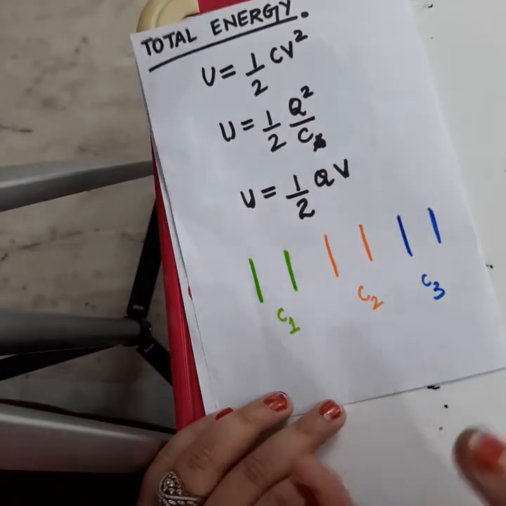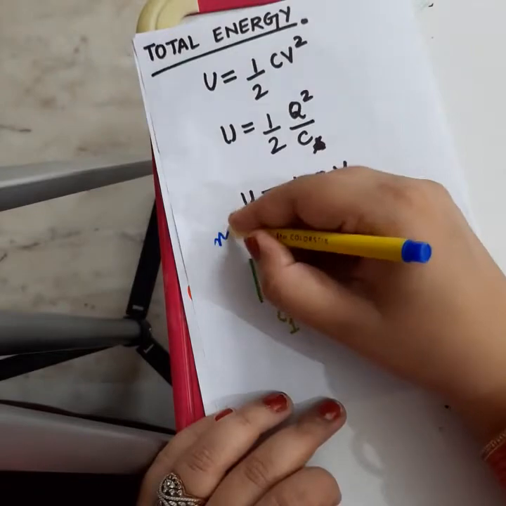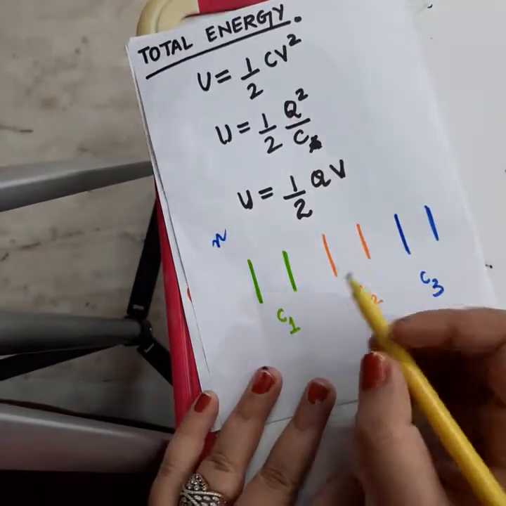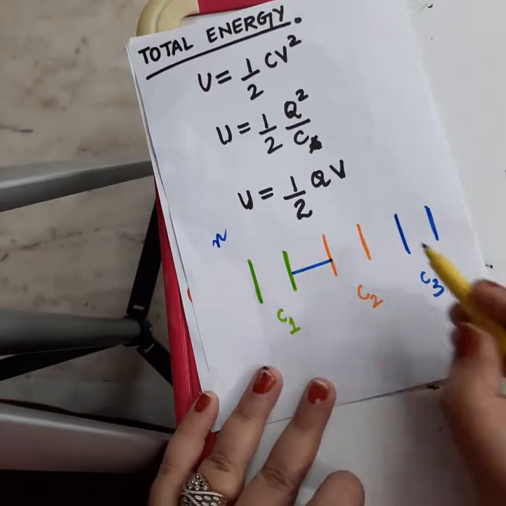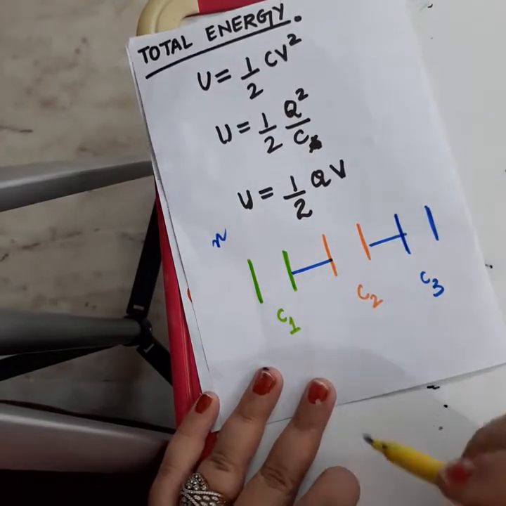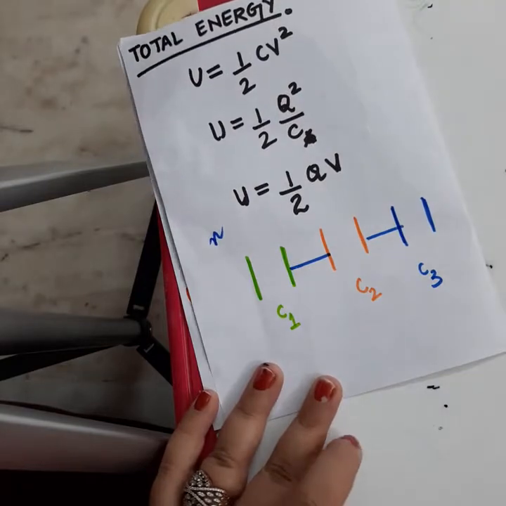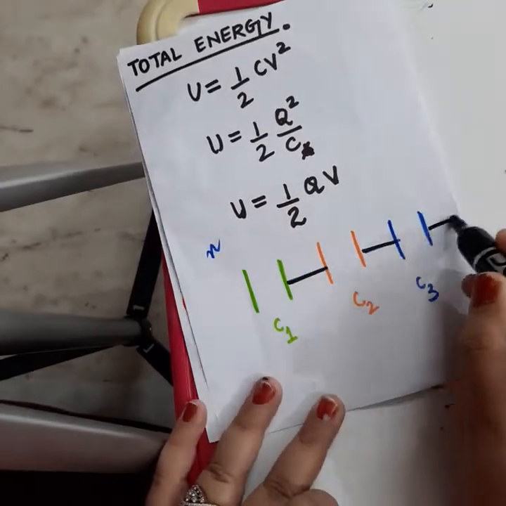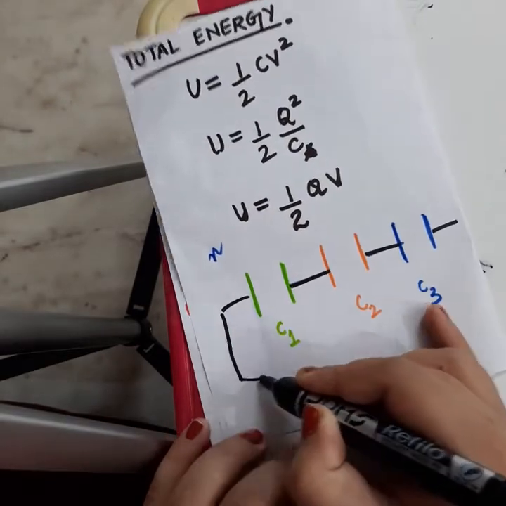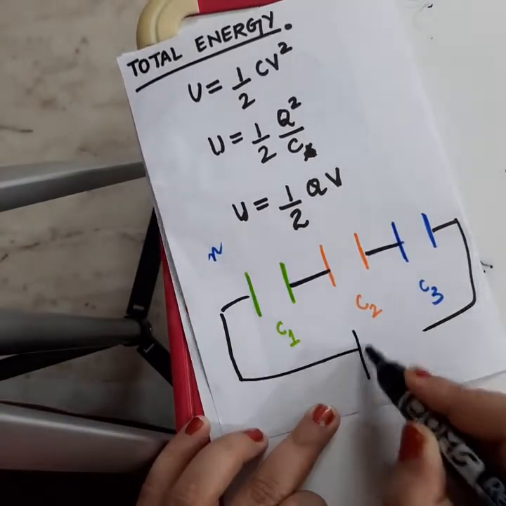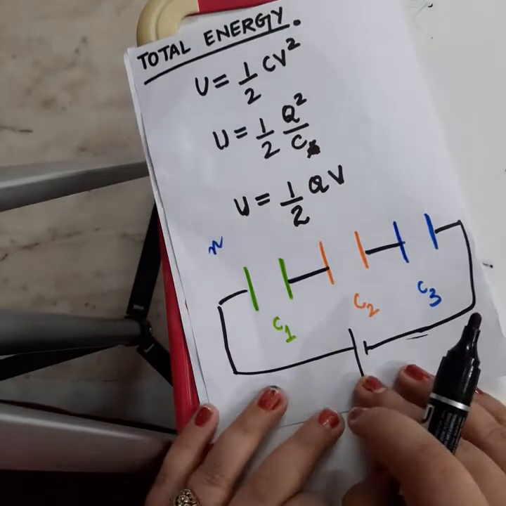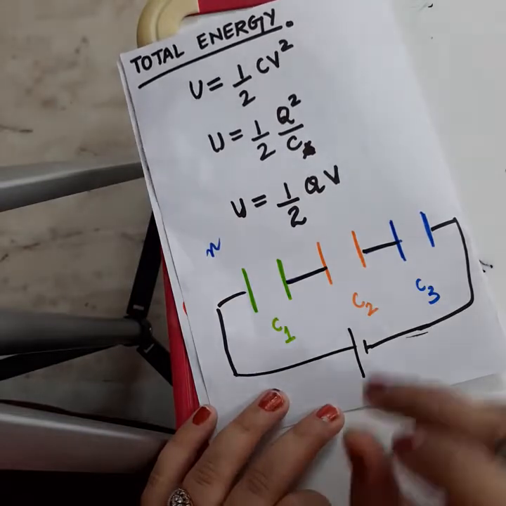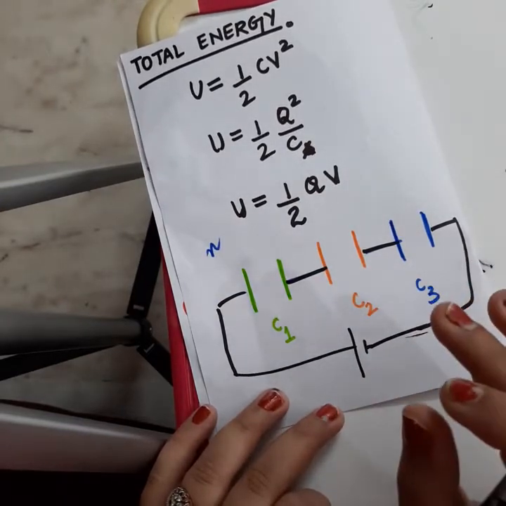There could be any number of capacitors, any n capacitors. Okay, so now if these capacitors are connected in series like this, what would be the total amount of energy stored in this whole combination is the target of this topic.